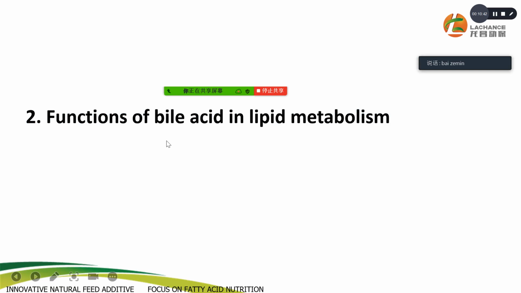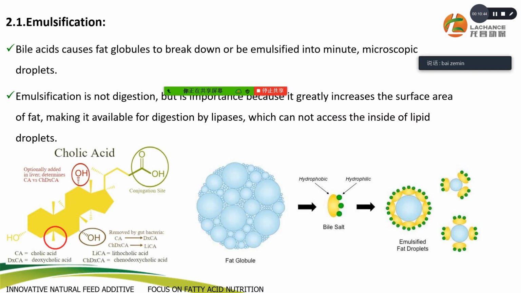And for the function of bile acid, especially for lipid emulsification, digestion, and absorption, bile acid is one of the products which can emulsify fat globules into micron-sized fat droplets. First, it causes the big fat globules to break into microscopic droplets.